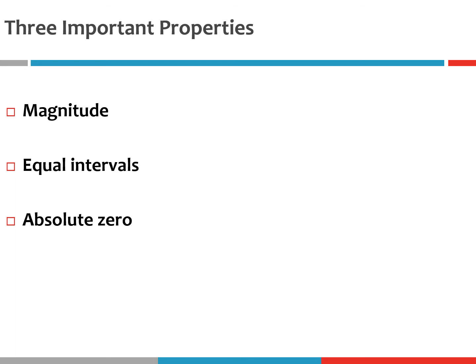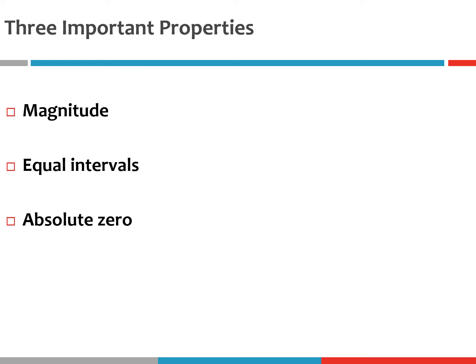And lastly, we have absolute zero. So absolute zero is essentially assessing whether or not the scale has a 0 point that refers to having none of the attribute. Okay, so magnitude refers to the property of a higher score indicating more of our attribute.